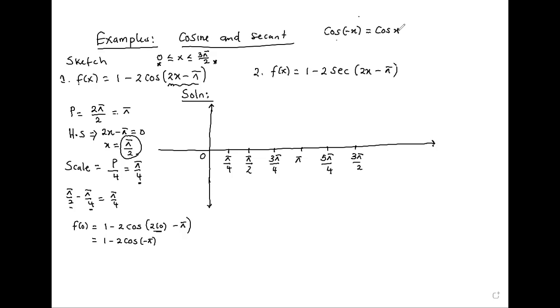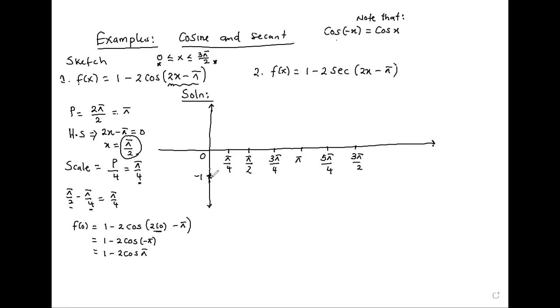Take note that cos negative x is equal to cos x. So here, this is the same thing as 1 minus 2 cos pi. Now cos 180 is negative 1. So we have negative 1 when we have 0, so it starts from there.